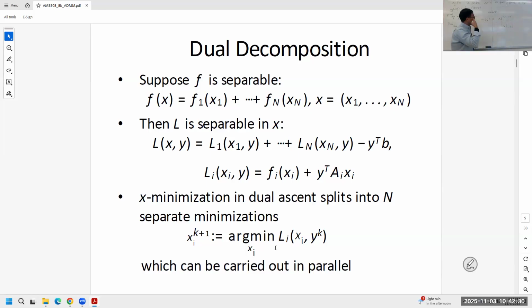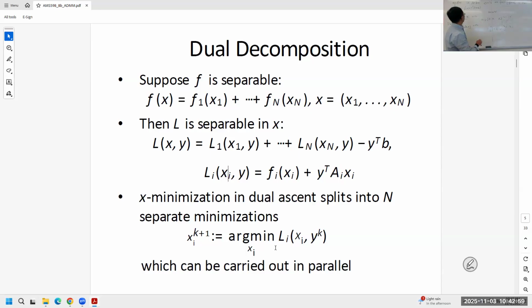So this can be written as the summation from j equals 1 to n of a_i times x_i minus b_i equal to 0. Because this is a linear constraint, it is by default separable. So the constraint is separable.